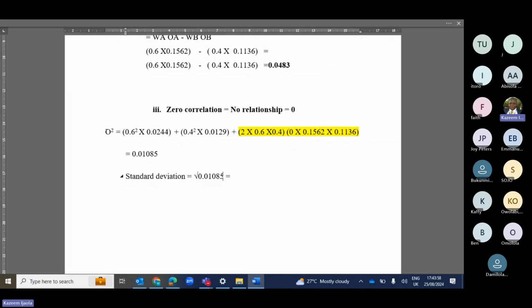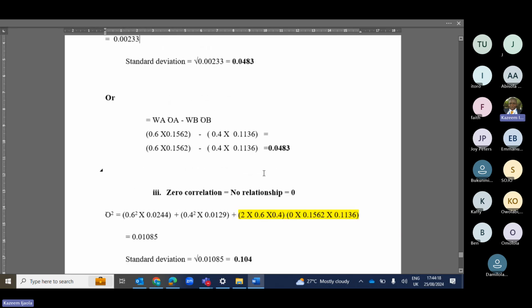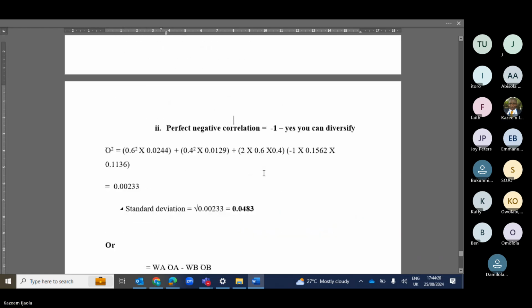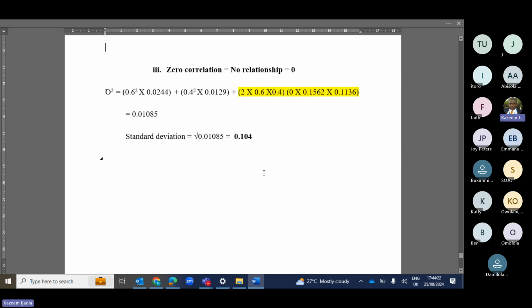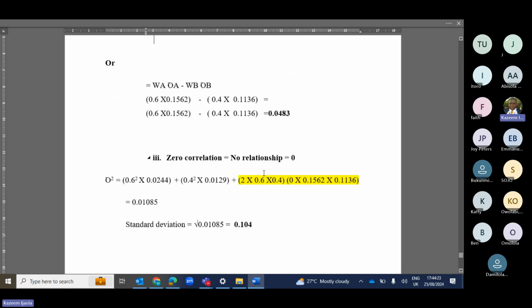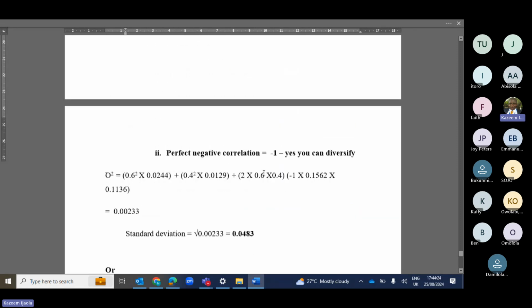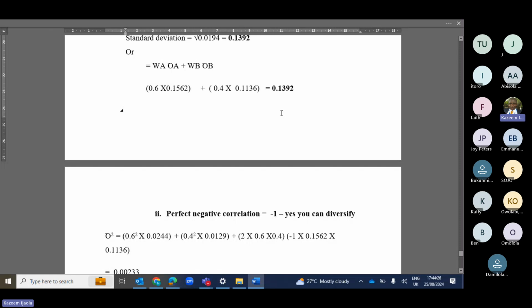So I got 0.104. Now let's interpret. Which one do you think gives us the lowest standard deviation? The first one, perfect positive, gave us a standard deviation of 0.13, which is very high.